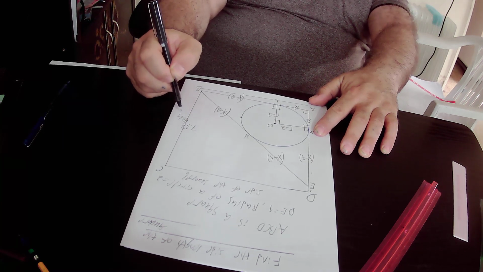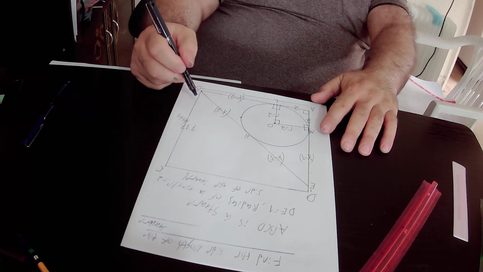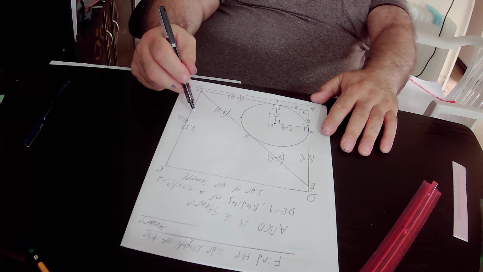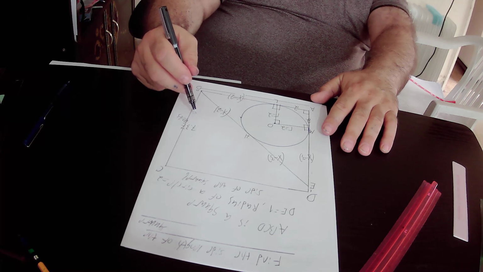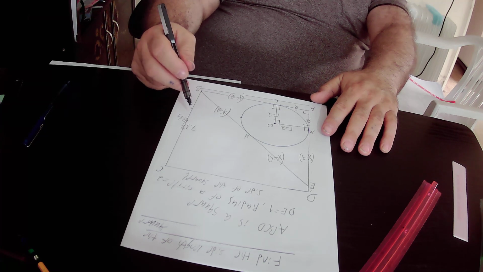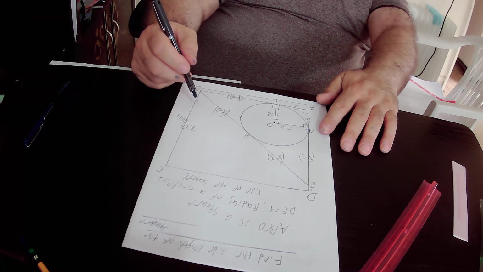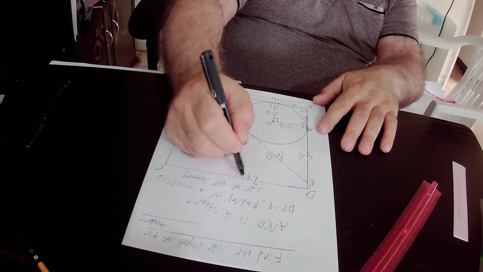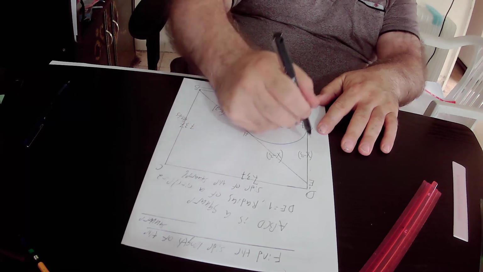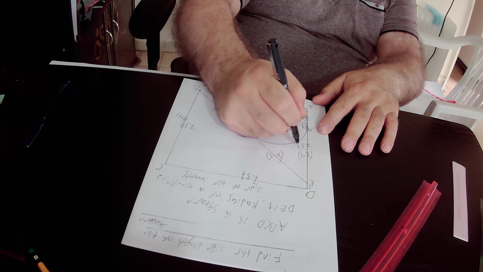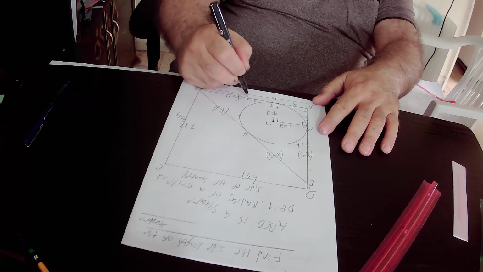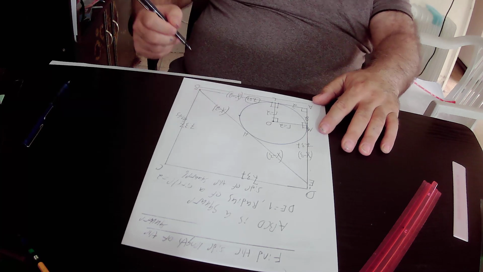All the sides of the square are equal to 7.37 units, or we can also represent it as 9 plus the square root of 33, over 2 units.